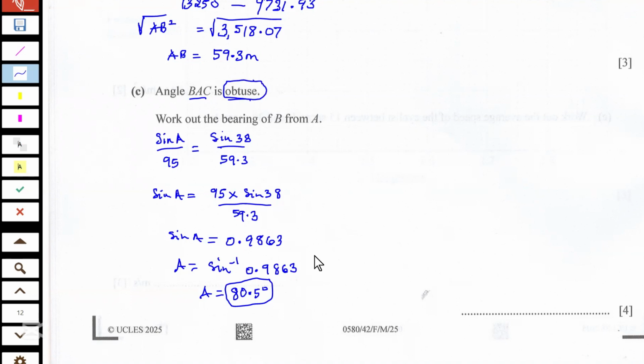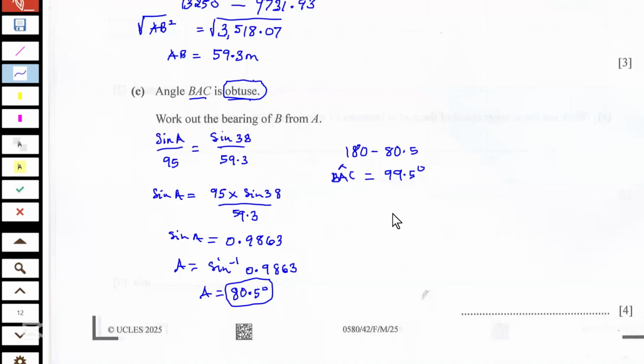To find the exact angle of A, we have to subtract 80.5 from 180 degrees, because 80.5 is an acute angle. That's why we're subtracting from 180 to find the exact angle of BAC, and that gives us 99.5 degrees. So the exact angle of BAC is 99.5 degrees.